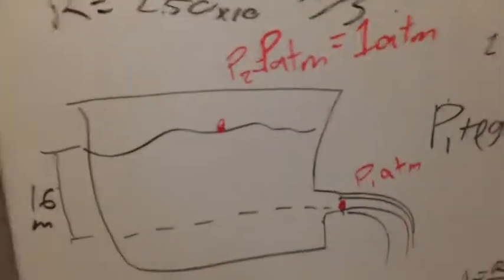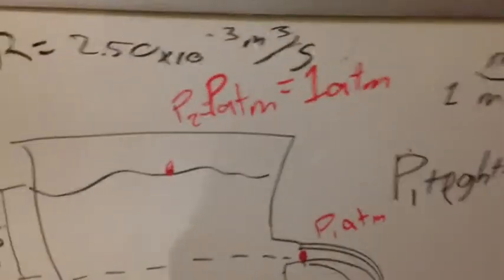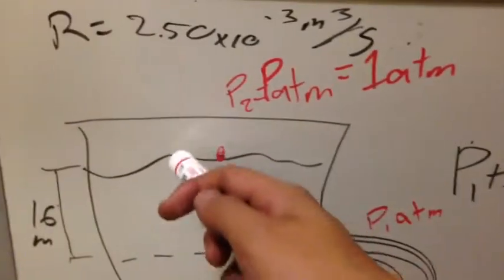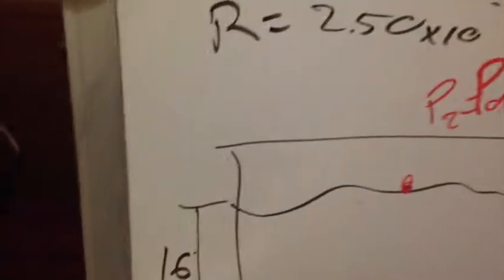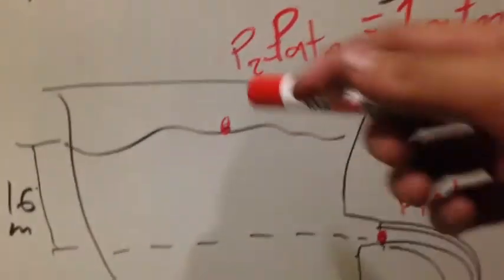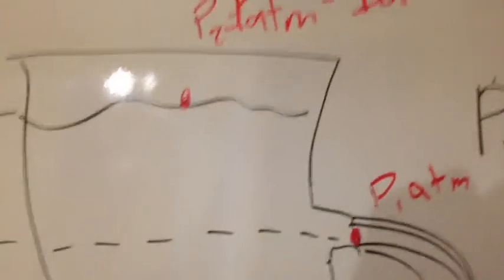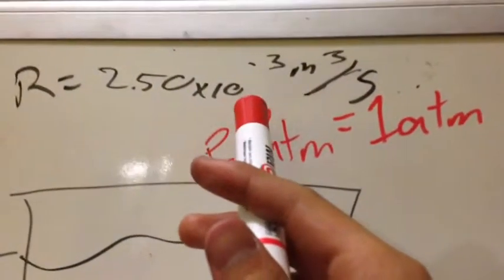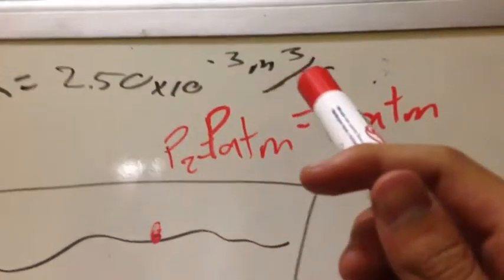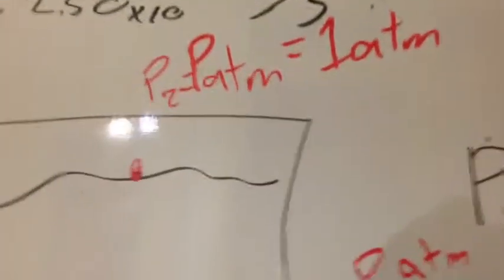Always, we have to sketch our problem. We have this tank and a little hole in here. We have a height of 16 meters between the hole and the upper part of the tank, and it says that the rate is 2.50 × 10^-3 meters cubed per second.